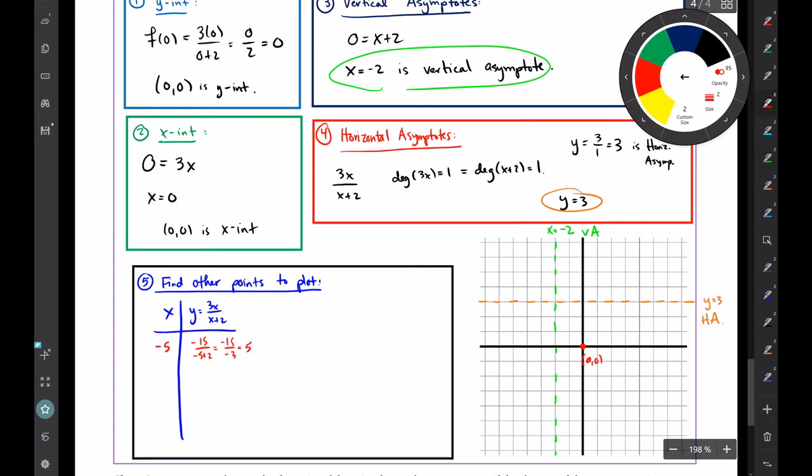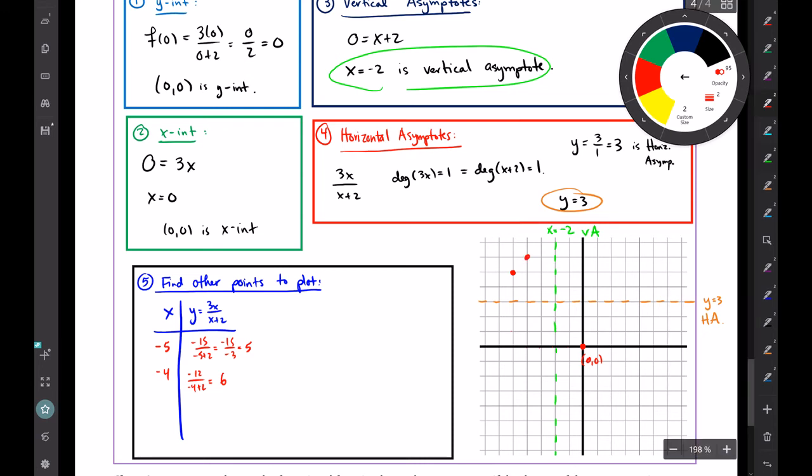So negative 5 comma 5. It's 1, 2, 3, 4, 5. That'd be right there. If I plug in negative 4, then I'll get negative 12 over negative 4 plus 2, which is positive 6. So negative 4, 6 would be right about there.